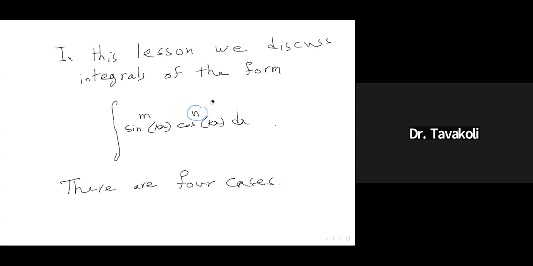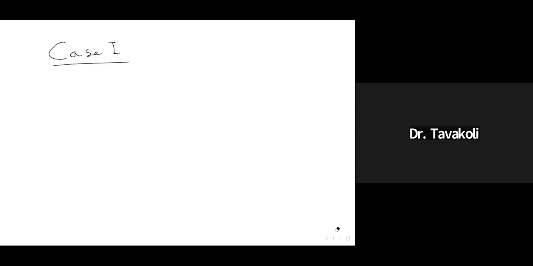So we make cases based on m and n being even or odd. So m is an even integer and n is an odd integer.